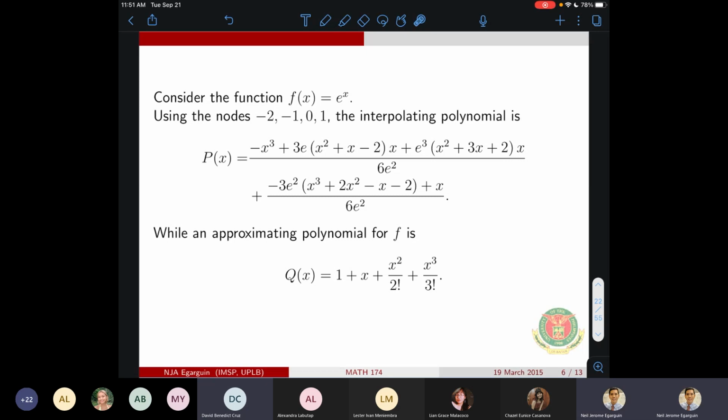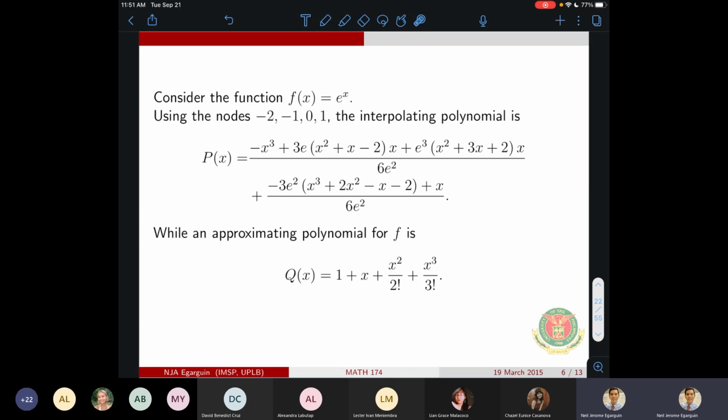Yes, that's right, David. And Chazelle is also right. This is a truncation of the Taylor series expansion. So, ang e to the x kasi sum siya ng x to the n over n factorial. And then probably, yeah, that's one way to approximate any function f, any nicely behaved function f, using its Taylor series expansion.